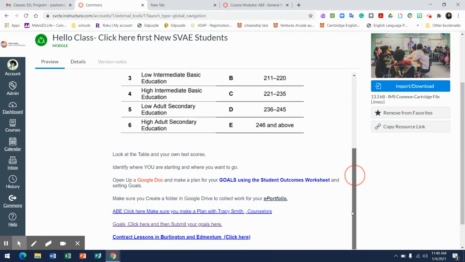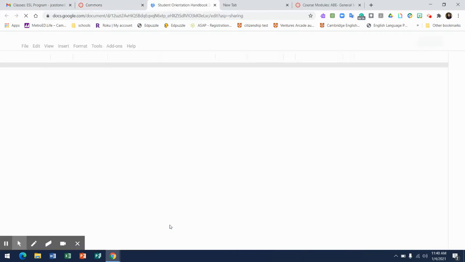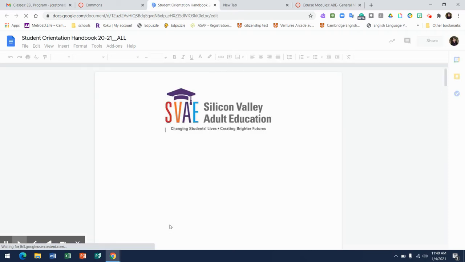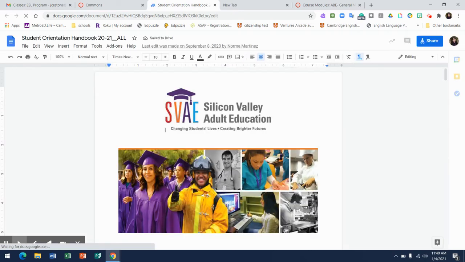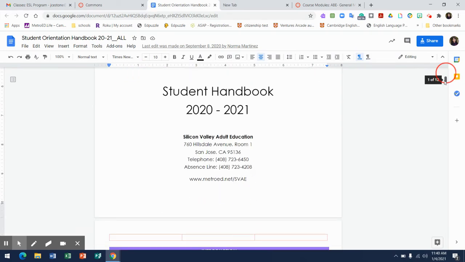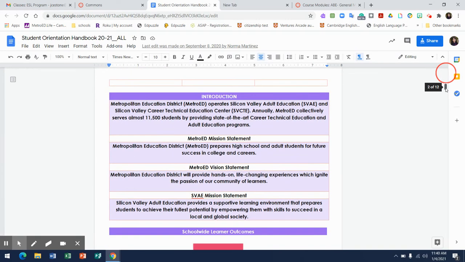And then in the orientation class, they are exposed to making goals, okay? And so there is a SMART goal worksheet in their student workbook, in their handbook, and that's in their orientation.